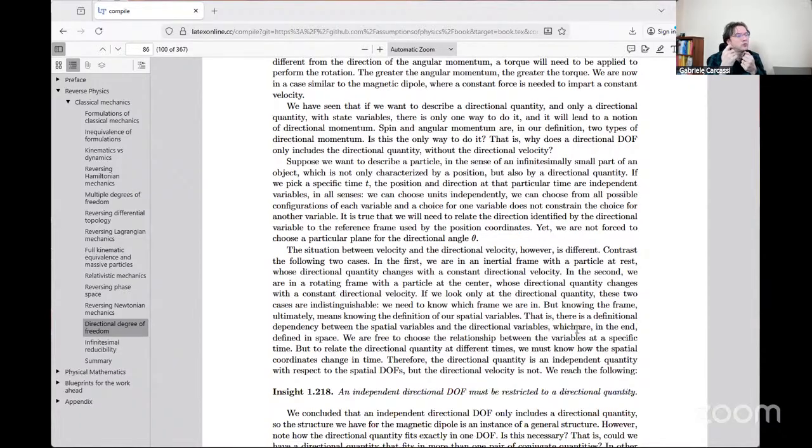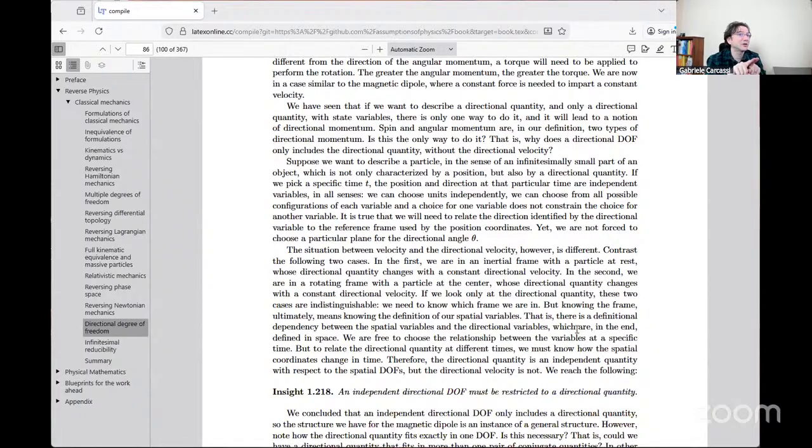So to be able to know how your directional degree of freedom is moving, you need to know the spatial degree of freedom. And so the velocity of the directional quantity is not independent in terms of the definition of what your position and velocity are doing for the actual spatial degree of freedom. And so since those are not independent, they can't be defined independently.